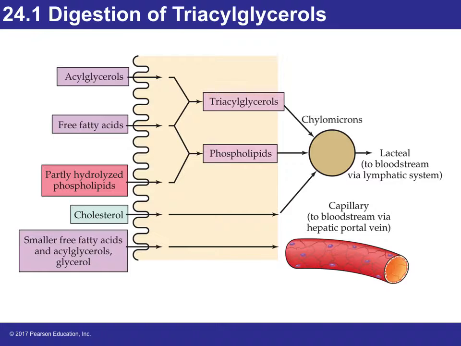All those will be carried through the chylomicron, as well as some cholesterol, and it will go through the lacteals to the bloodstream eventually, but they go through the lymphatic system. The smaller free fatty acids, acylglycerol, and glycerol, the very small molecules, can go into the capillary to the bloodstream via the hepatic portal system.